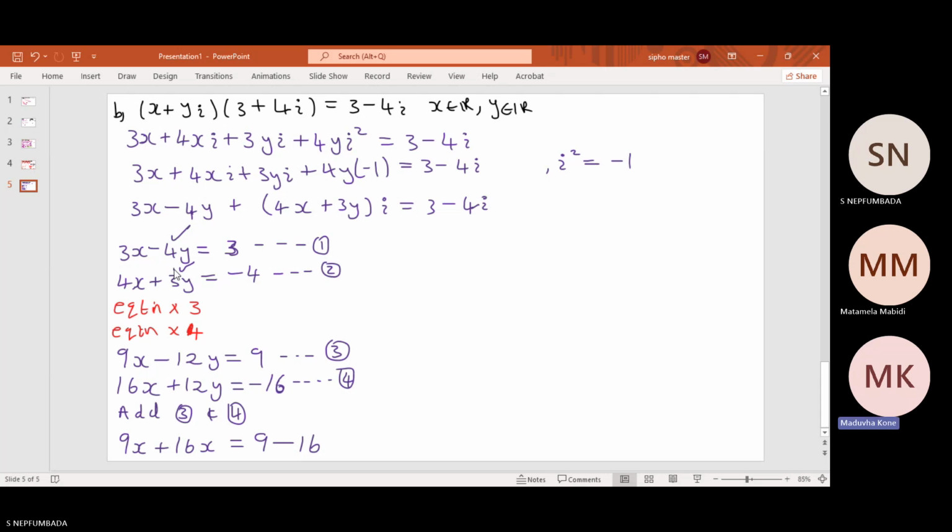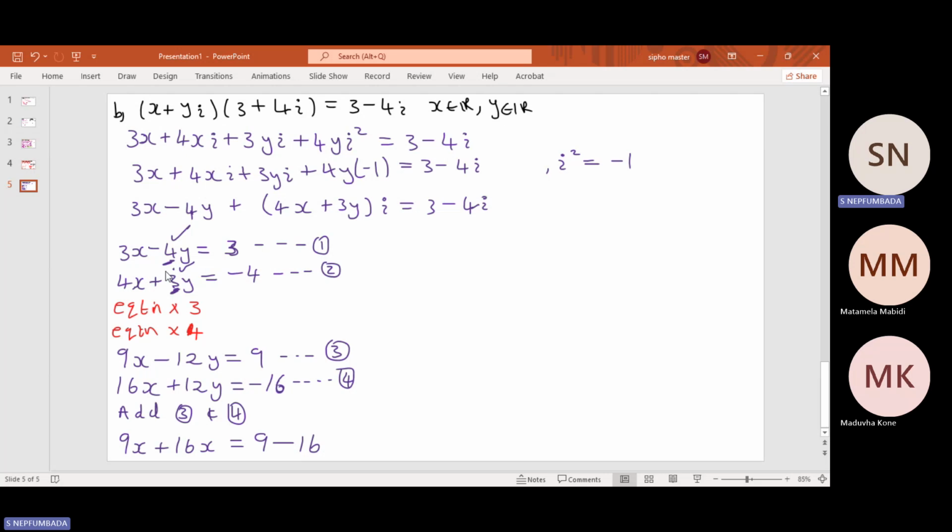Okay. Myself, I prefer this one, multiplication, because if you check, those two equations can be made the same here at y. You just multiply the top by this 3 and you multiply the bottom by this 4.